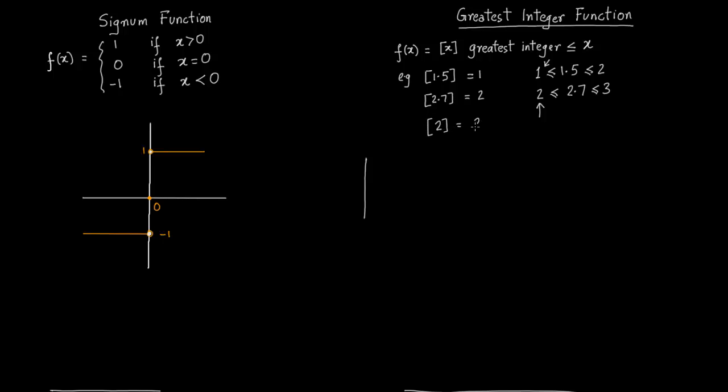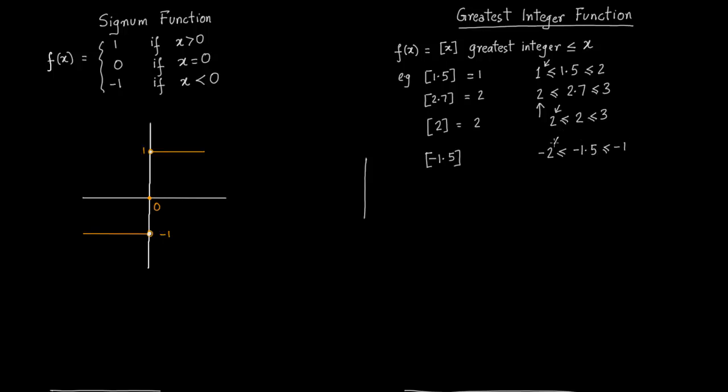Now the number 2 again lies between integers 2 and 3. So you write it like this and then you pick 2. For 2, you have to take care that it lies between 2 and 3, not between 1 and 2. For minus 1.5, it lies between minus 2 and minus 1.